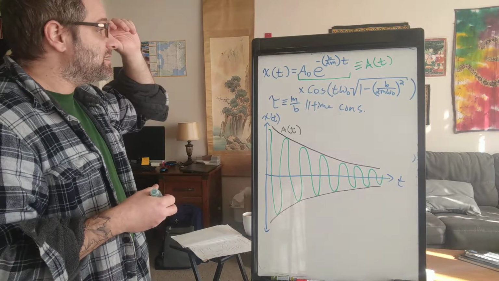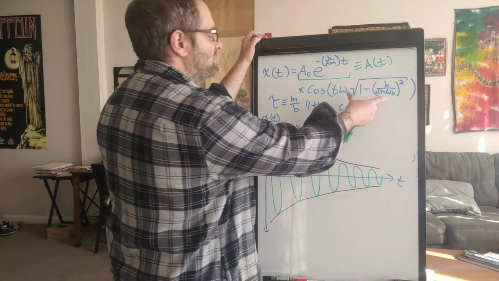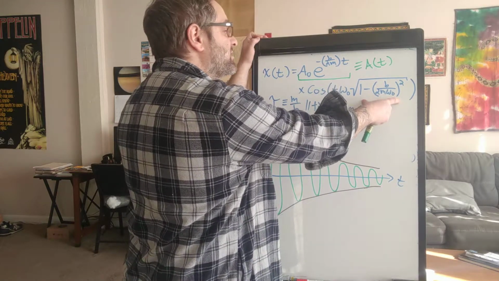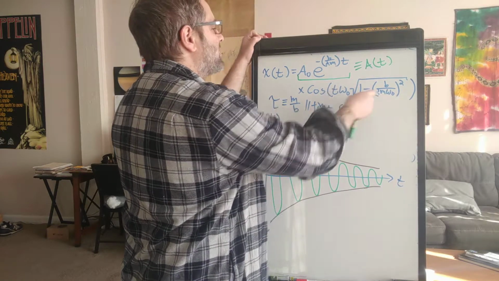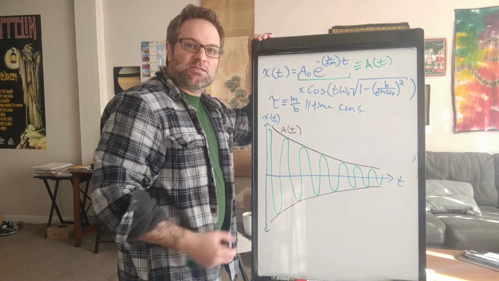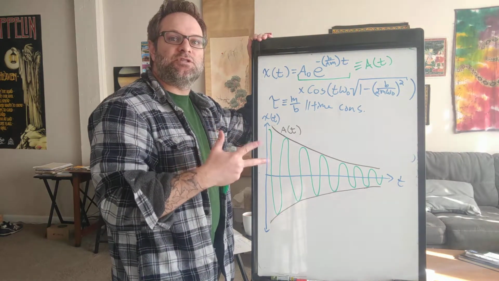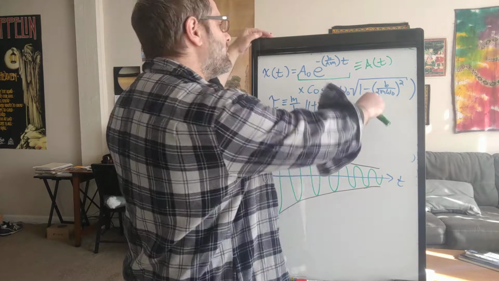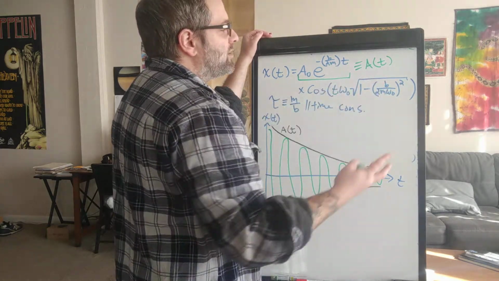The way we can see that is by looking at what's in the interior of this cosine, and especially what's underneath this square root. This is actually the reason that we wrote it like this, so we could easily see these 3 different regimes, 3 different fundamental types of behavior. So if we look at this square root, there are 3 possibilities.